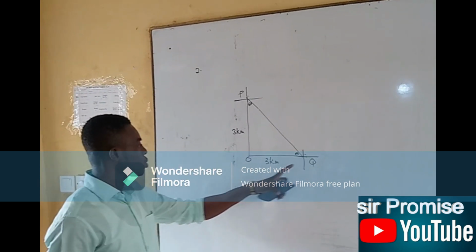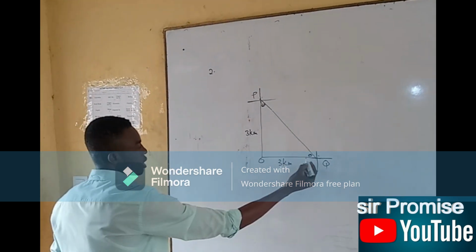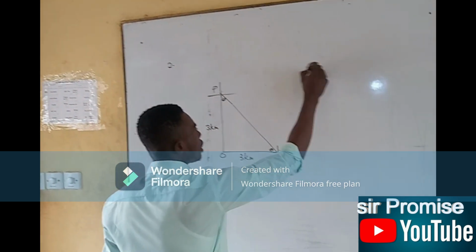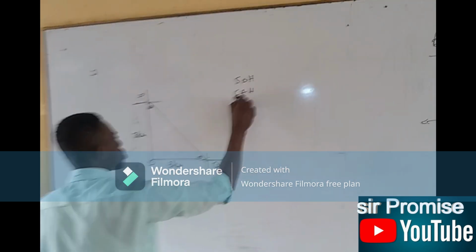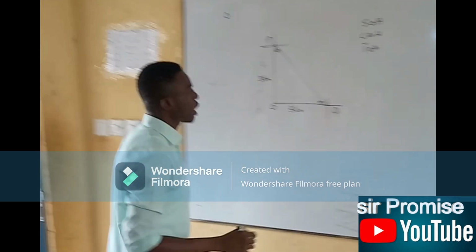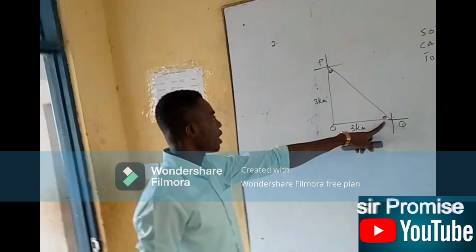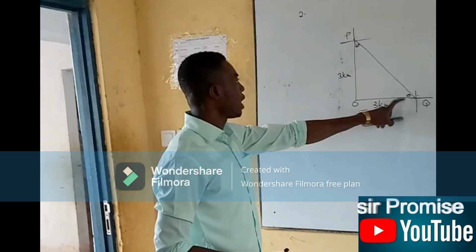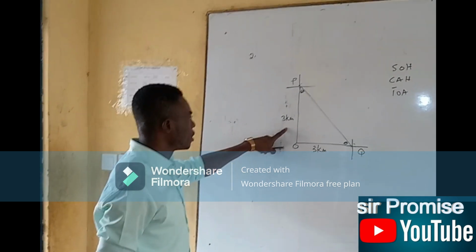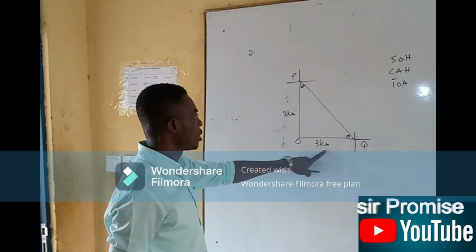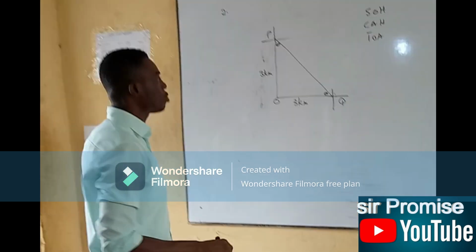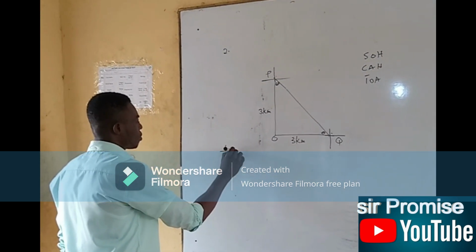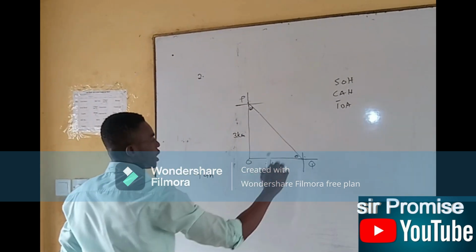Under the trigonometry ratio, we normally use what we call SOHCAHTOA. When we are finding an angle and the opposite is given and the adjacent is given, it means that we have to use tan.